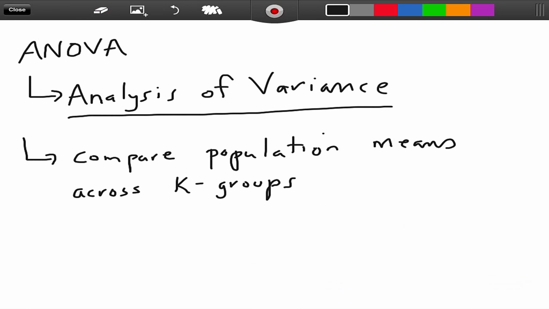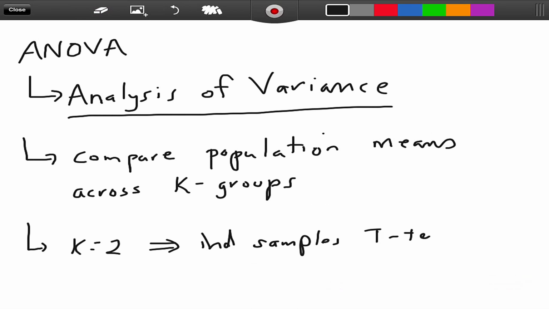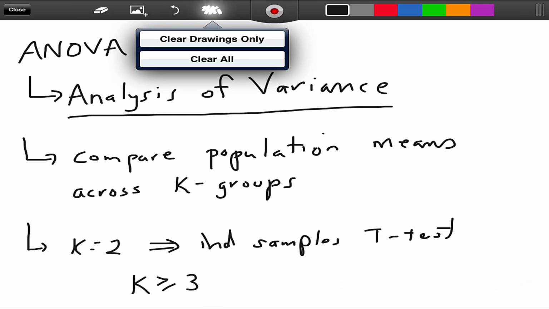Now, if K is equal to 2, then we're going to run an independent samples t-test. So for the most part, what we're talking about here is when the number of groups that we want to compare, the population means, is 3 or more groups.